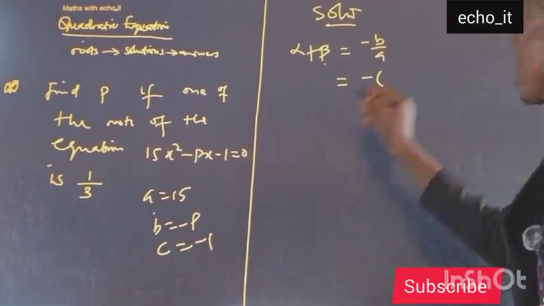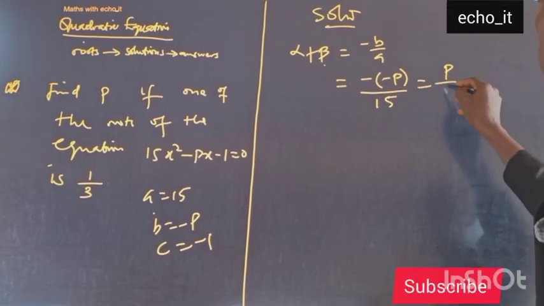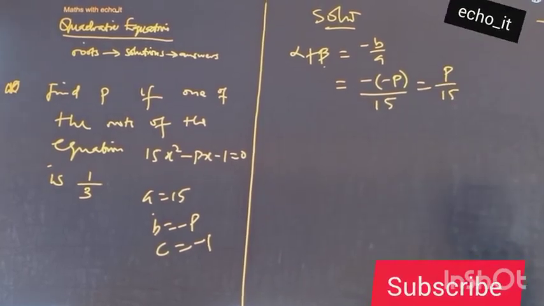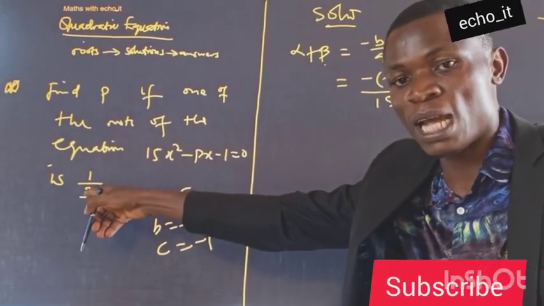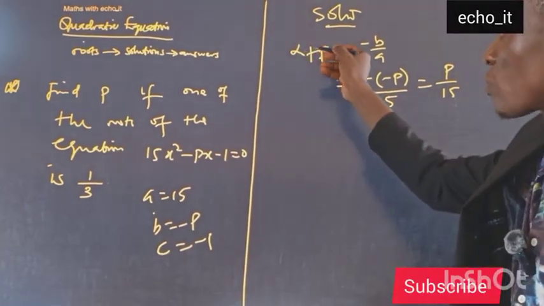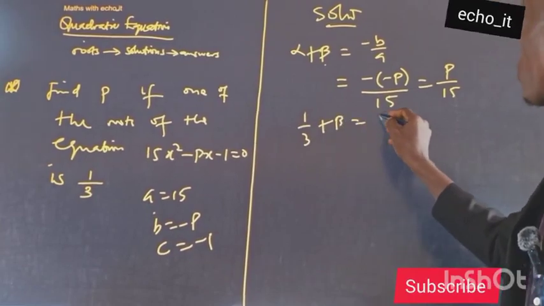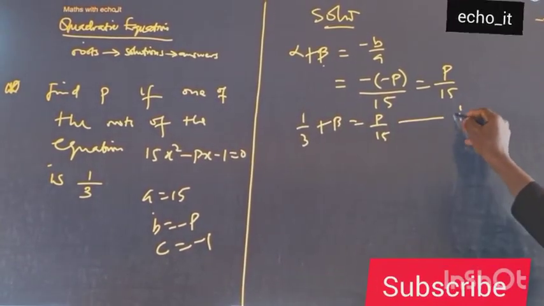So that is minus into minus p over 15, which will give us p over 15. And we're told that one of the roots is 1 over 3. So we have 1 over 3 plus beta equals p over 15. You can keep this equation.